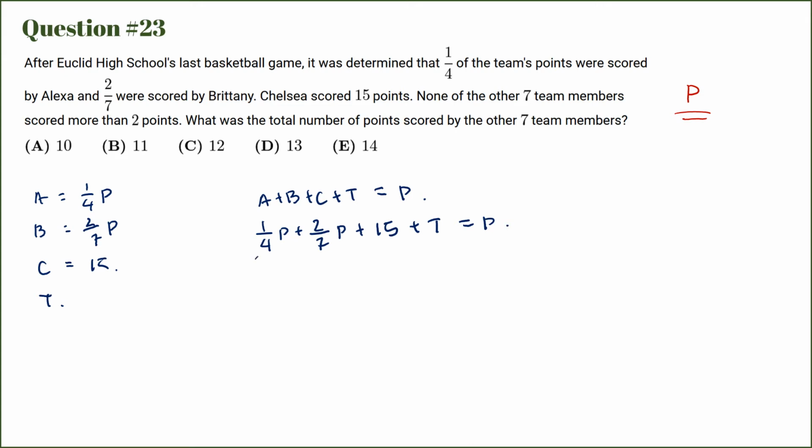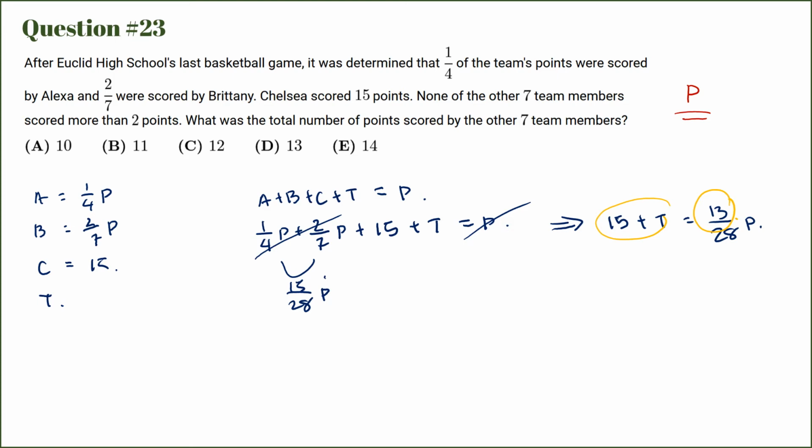So then subtracting from both sides, we can add these two together to get 15 over 28 P. This means 15 plus T equals 13 over 28 P. So now we can see that 15 plus T must be divisible by 13 to create an integer, and the total number of points has to be an integer.